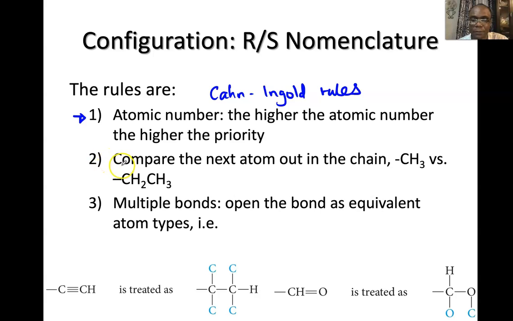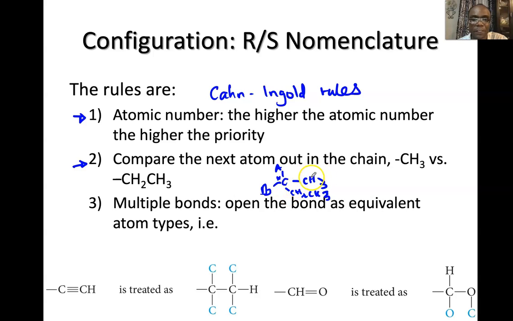Then compare, and if there's a tie, you have to move one more step. For example, let's say you have a group CH3 and a group CH2CH3. If you want to assign R or S, you have a carbon and a carbon, you can't decide.